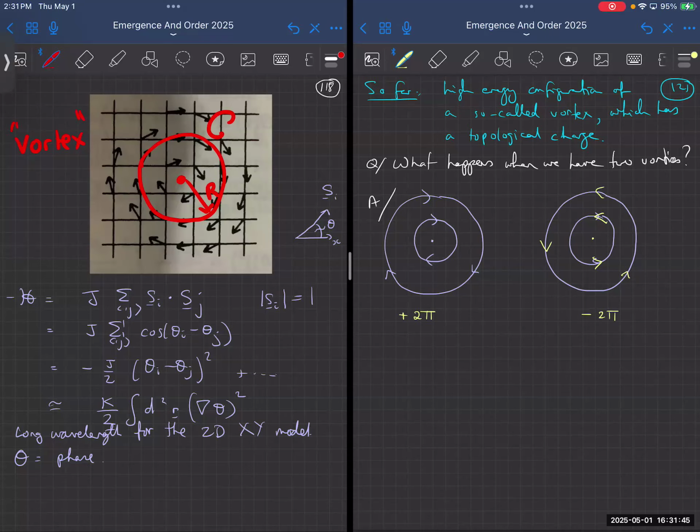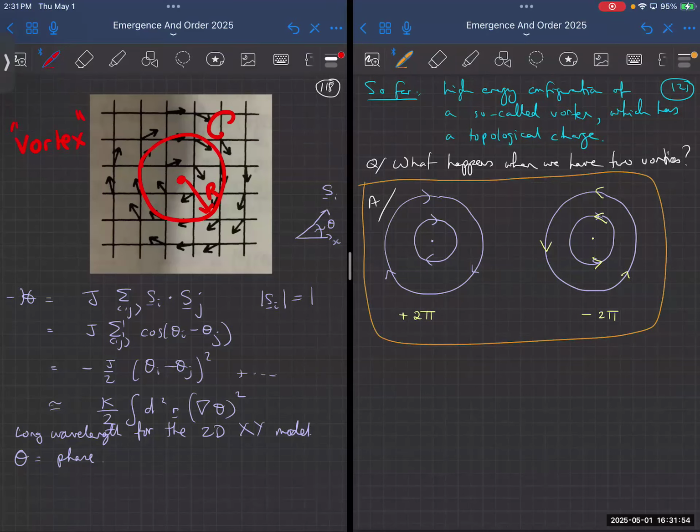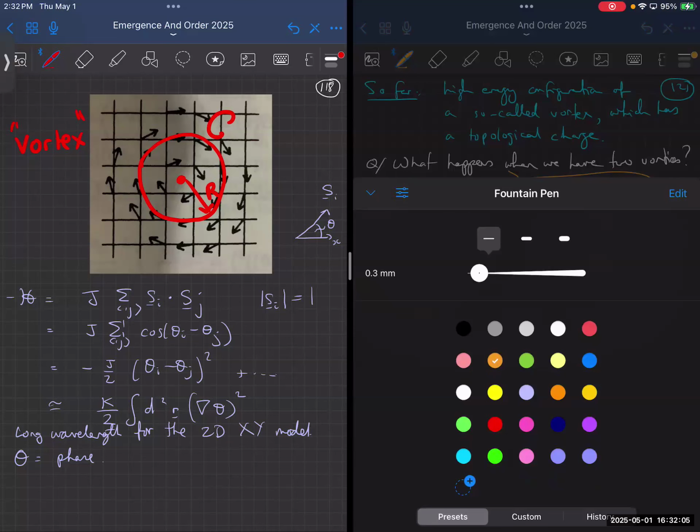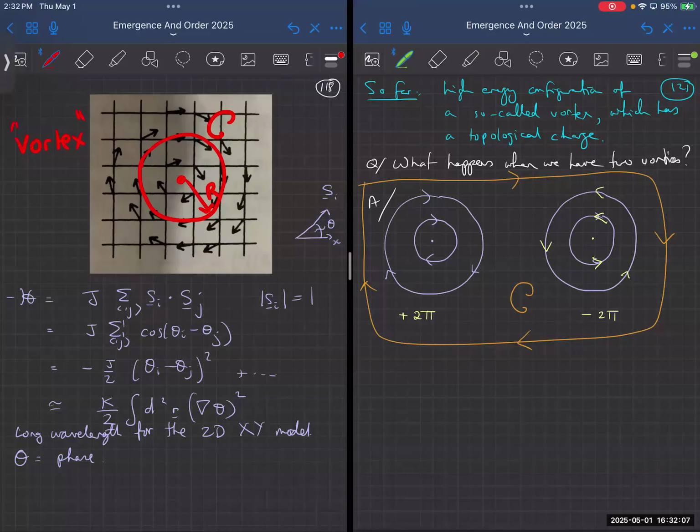Okay, so now let's take two of these things. And now I'm going to draw a contour that goes like this. Okay, so here is my contour C. And I'm going to say let's have these things separated by a distance r, like that. So now I'm going to ask what happens if I go around this contour.